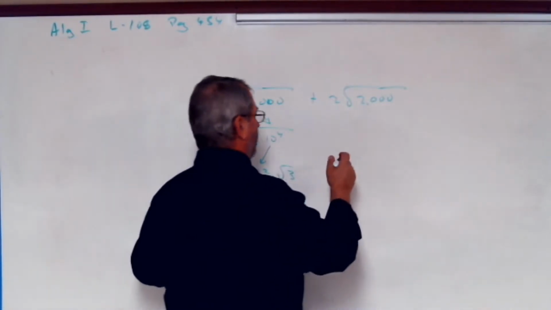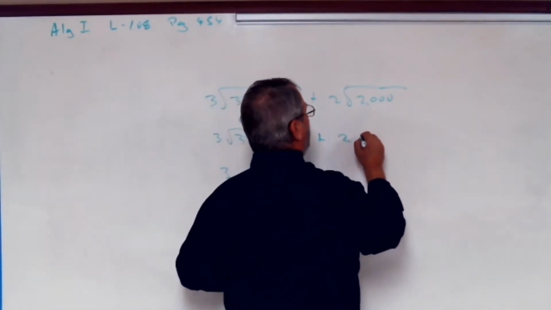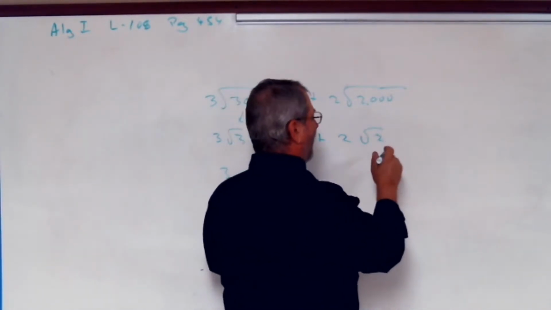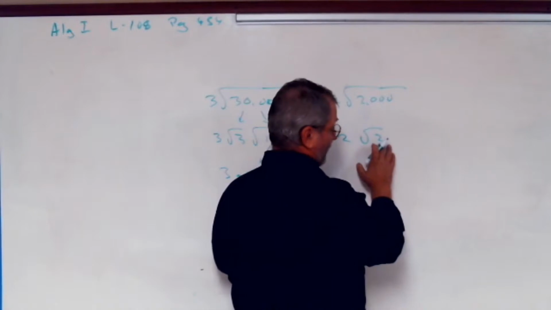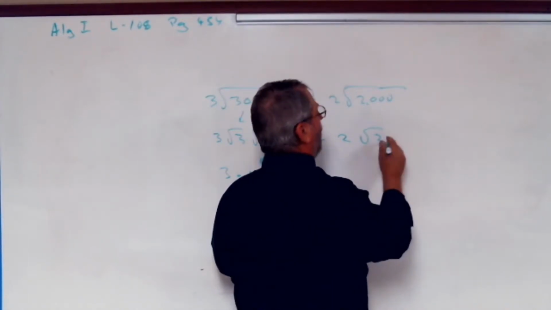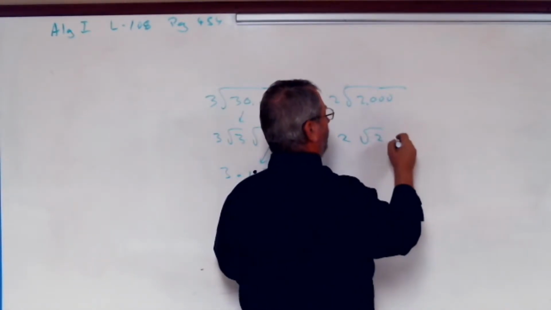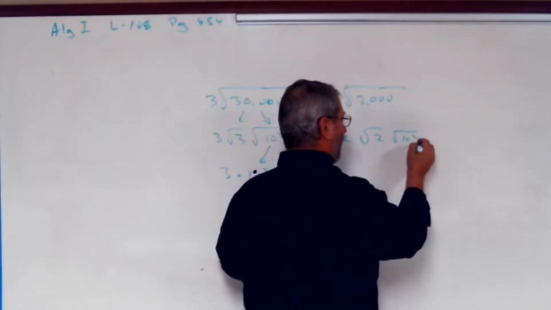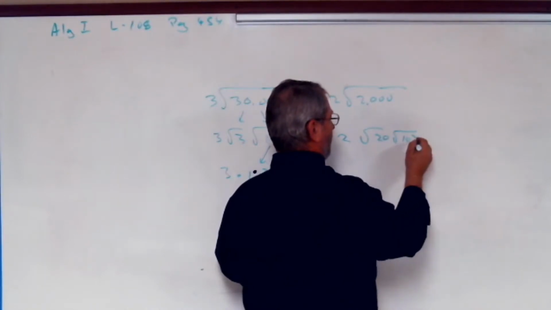Okay, over here, 2 square root of 2, 1, 2, 3 zeros. Now watch this. I can't do 10 to the 3. You understand? So I'm going to take it over here. Square root of 10 to the 2, or square root of 100. And this is 20.